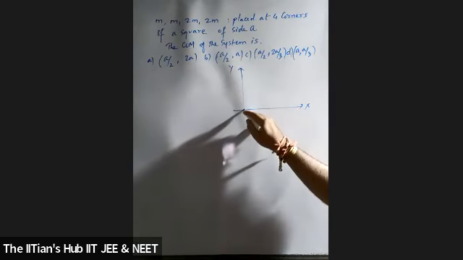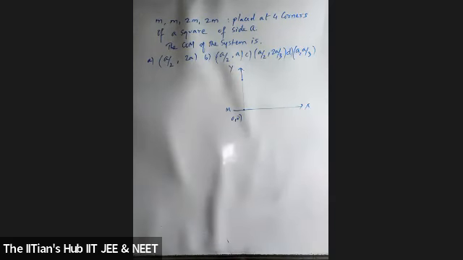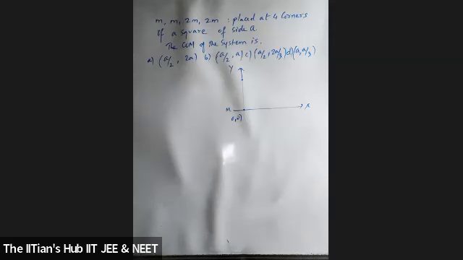I have placed mass m at 0, 0. The second one, mass m at a, 0. Then 2m at a, a, and the other one at 0, a. Then you should get the answer a by 2 comma 2a by 3 or 2a by 3 comma a by 3?